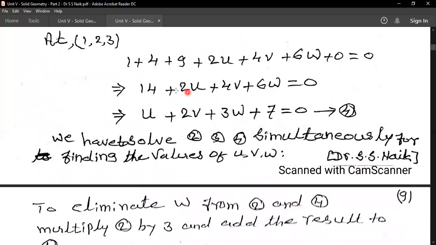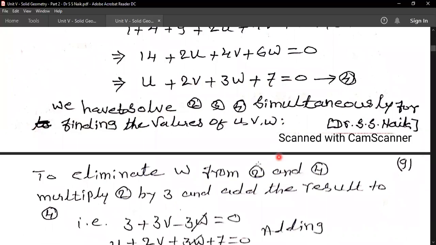Then 2 is common, you can cancel throughout. Then you get u plus 2v plus 3w plus 7 is equal to 0. Then we have to solve these three equations 2, 3, 4 simultaneously for finding the values of u, v, w.